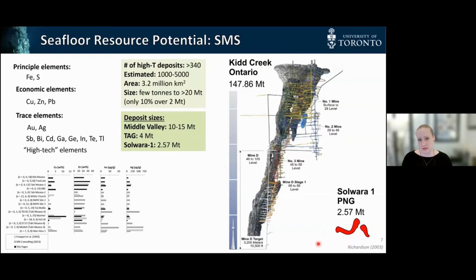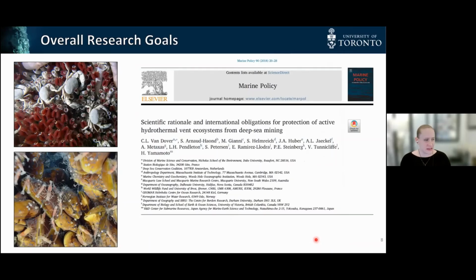Now, the biggest problem with mining the seafloor is the environmental risk associated with it. There are these really unique chemosynthetic communities, and there's a very large push from the international scientific community to protect these active vent sites in particular from deep sea mining.